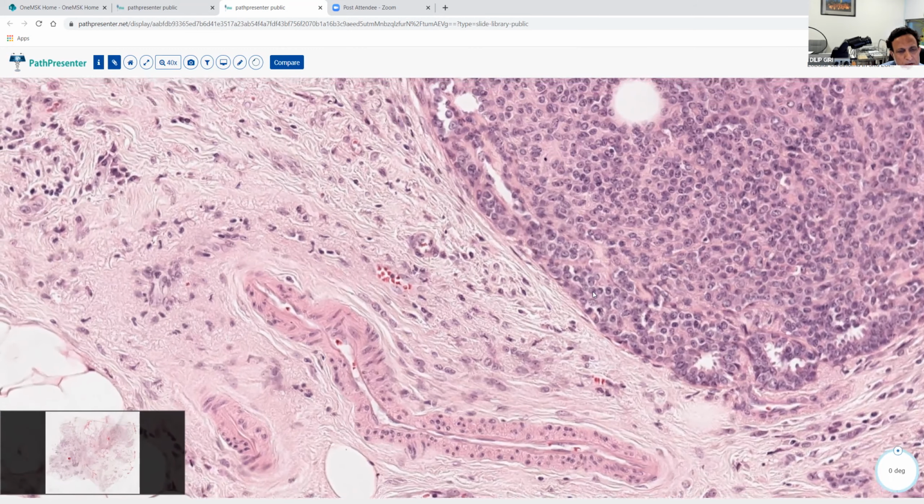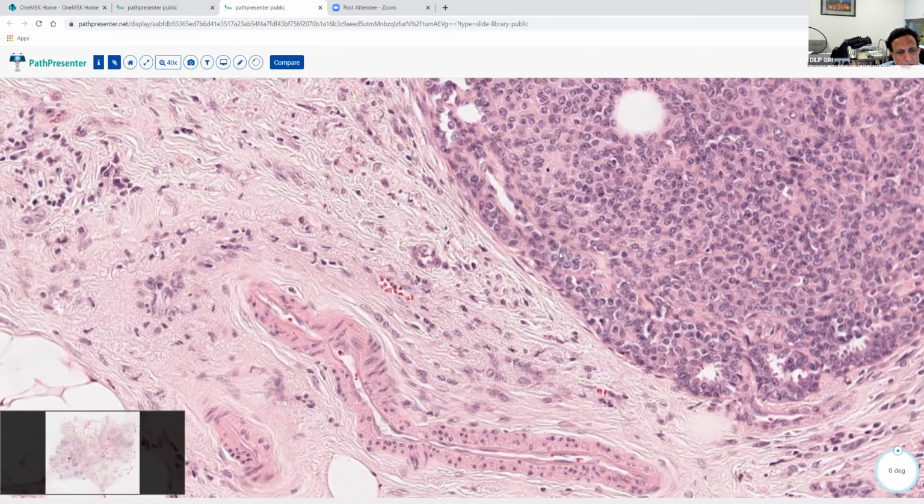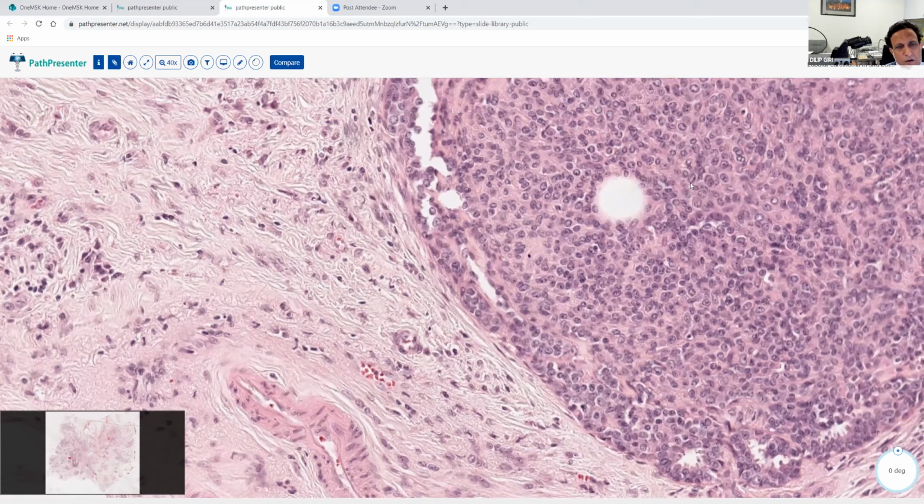For one thing, the cells of LCIS tend to be discohesive. They seem to fall apart, and that feature will be present even in unusual situations. They will stand out separately from the ductal cells.